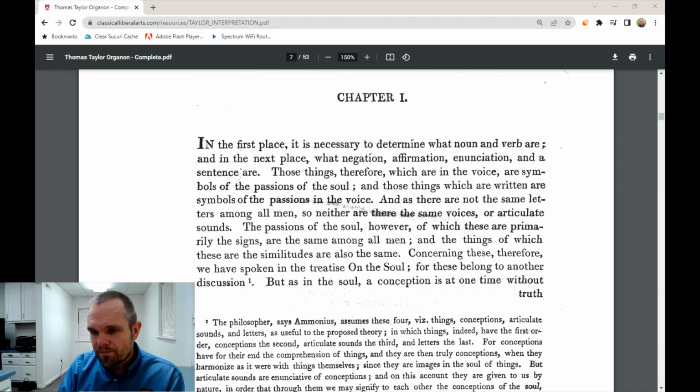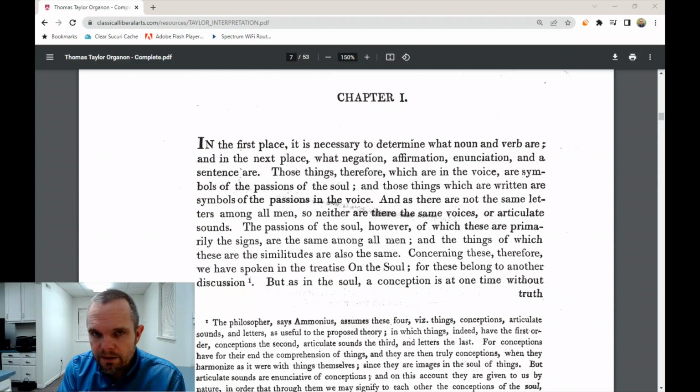So while writing and speaking are established by agreement and are artificial, the actual impressions of the soul, the ideas that the world produces in the soul of men, they are the same because they are natural.